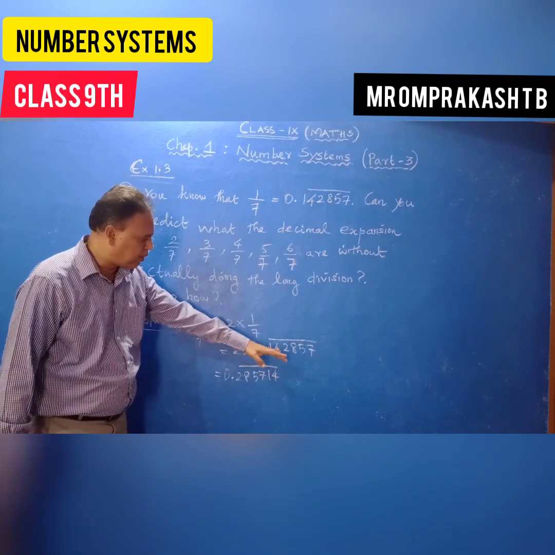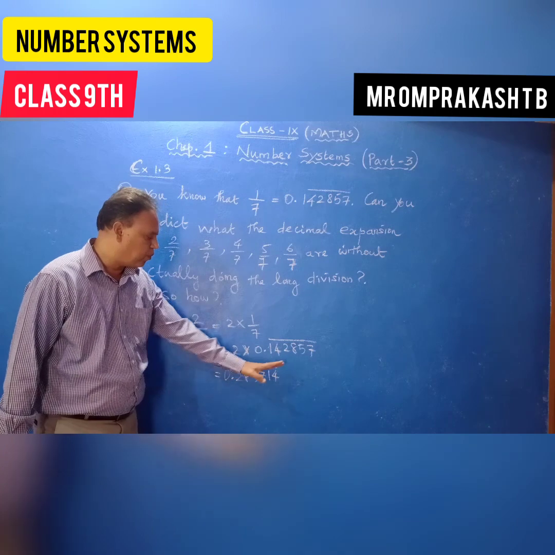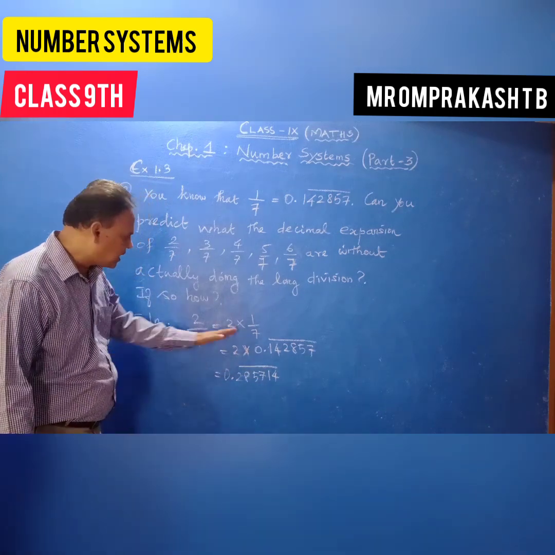That's all. So when you multiply you will get 0.28571 bar. Clear? So like this easily we can find out.